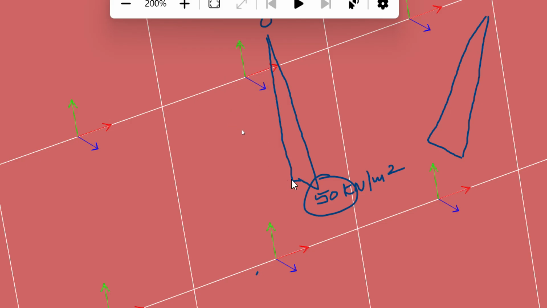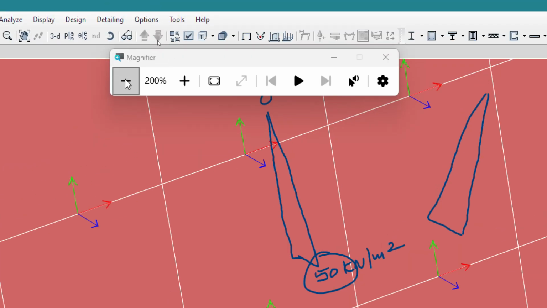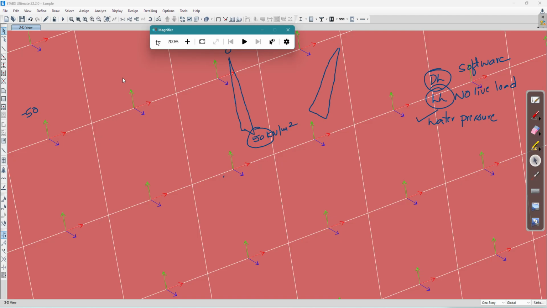You are applying water pressure opposite to this local axis 3. So it is taken as minus 50. Clear? Okay.